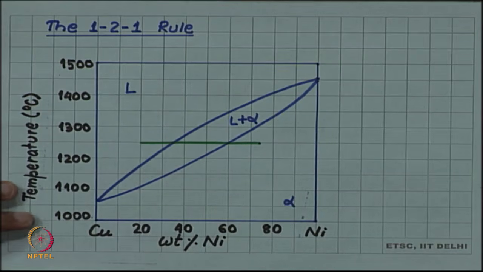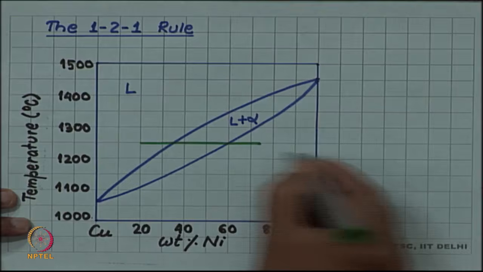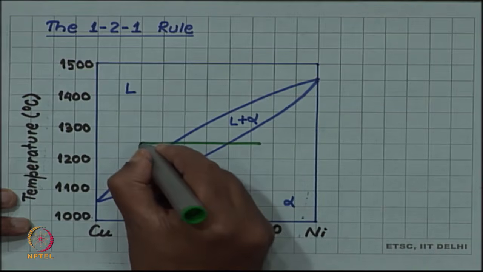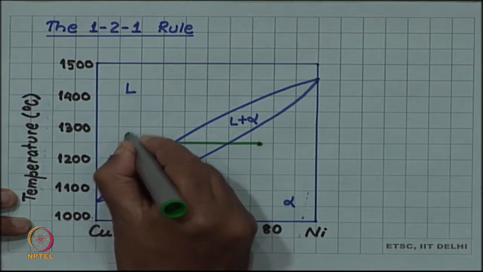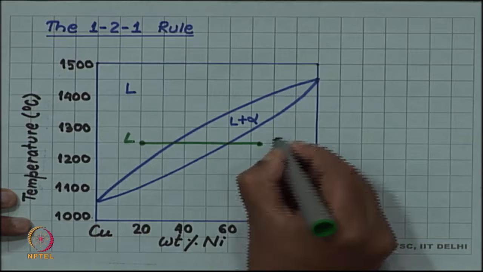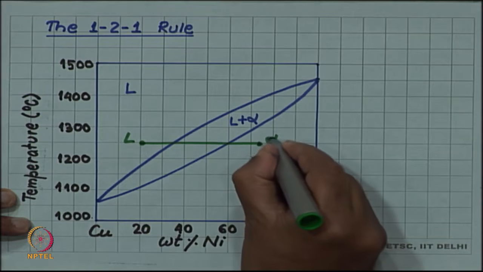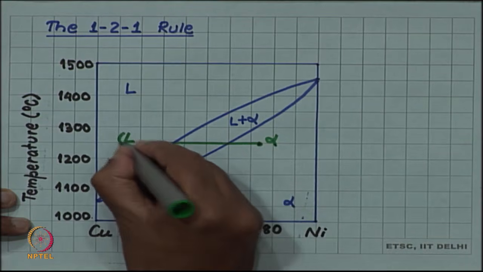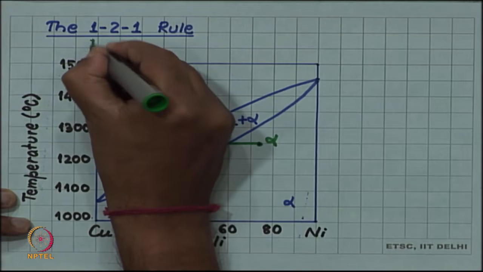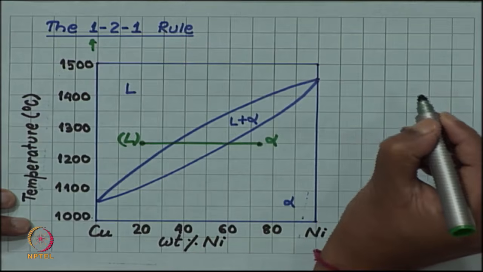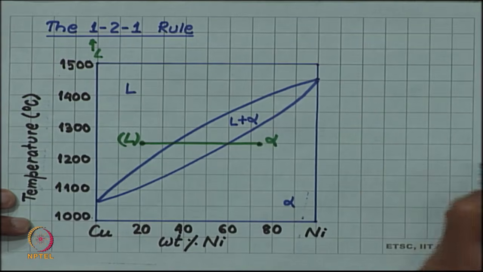That is, if I cross phase boundaries across a horizontal line such that at one end I have a given phase and at another end I have another single phase. At one end I have one single phase, in this case liquid.